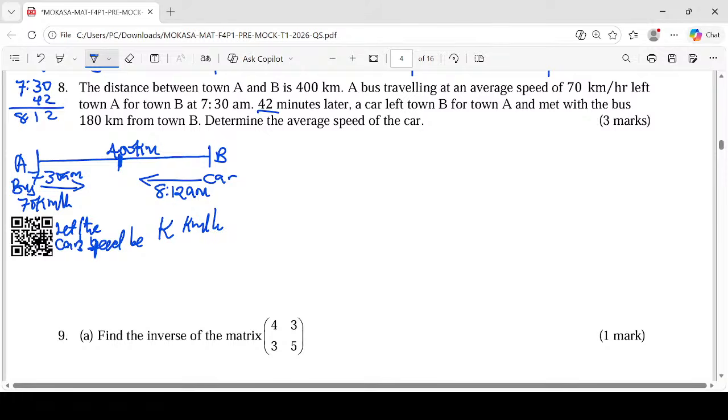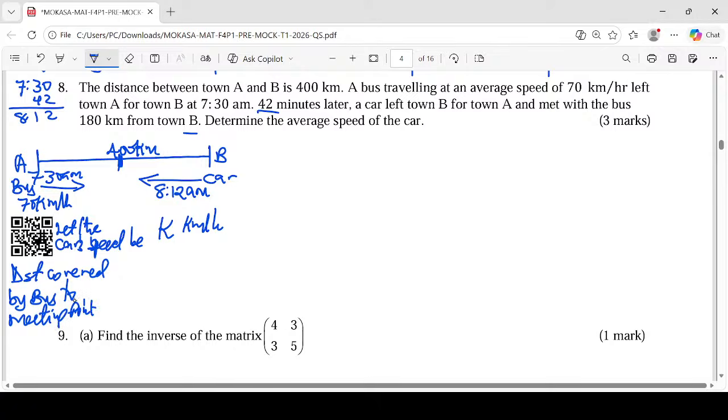After getting that as the speed of the car, let us now look at this question. If they met at a particular point 180 kilometers from B, let's get the distance covered by the bus to the meeting point.